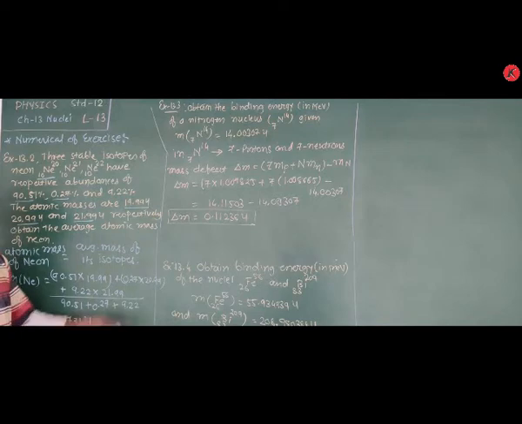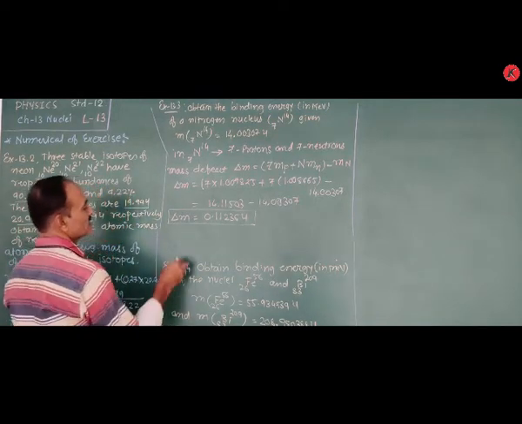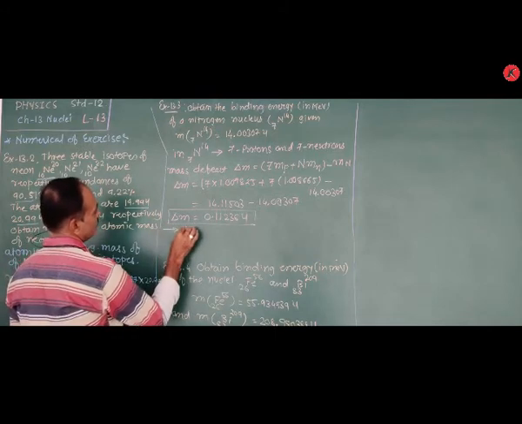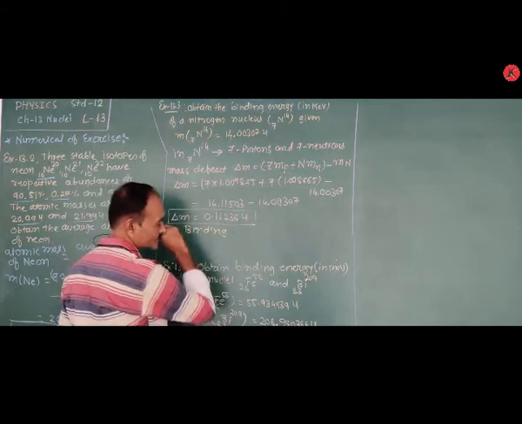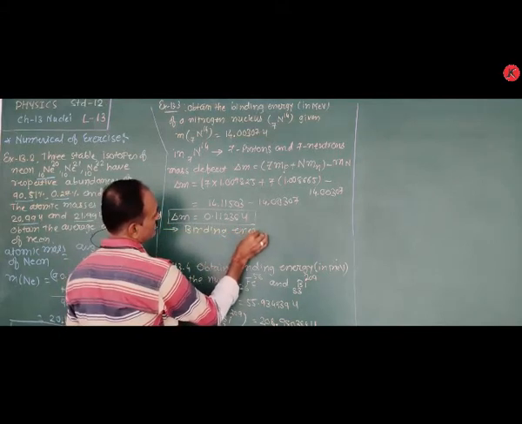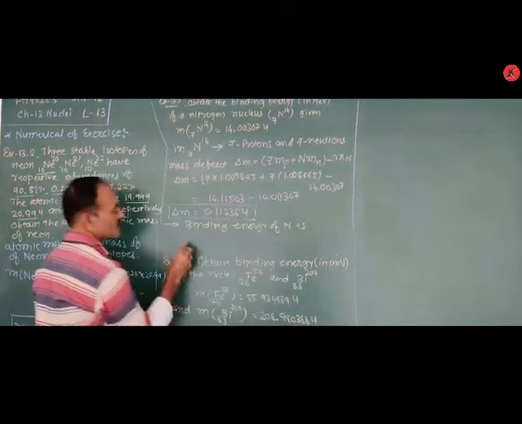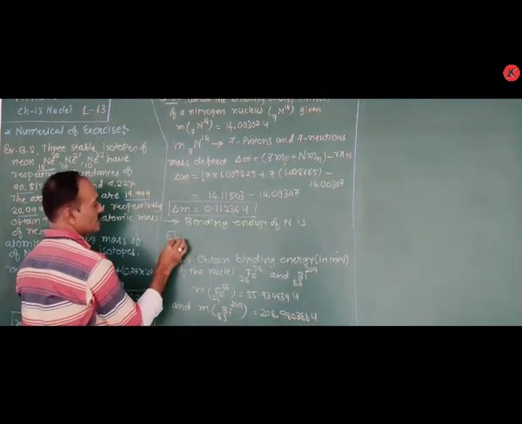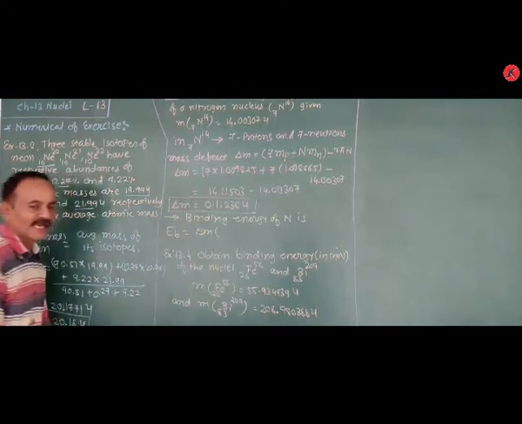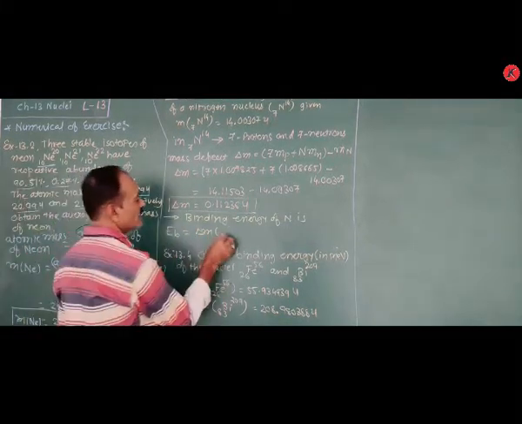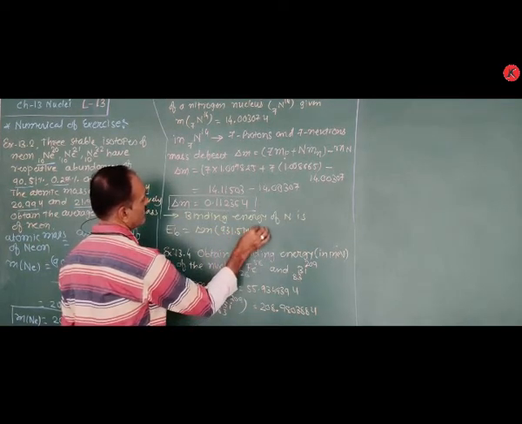Now we have to find the binding energy. Therefore, the binding energy of nitrogen, E_B, is equal to the mass defect times the binding energy of one atomic mass unit, 931.5 MeV.